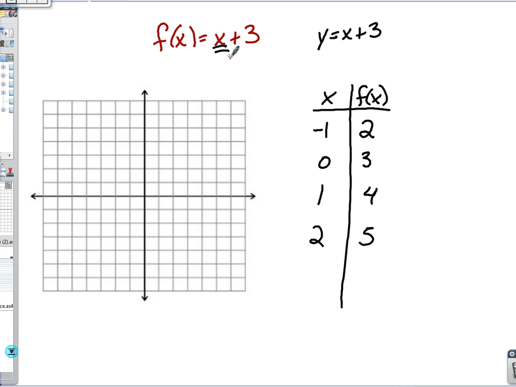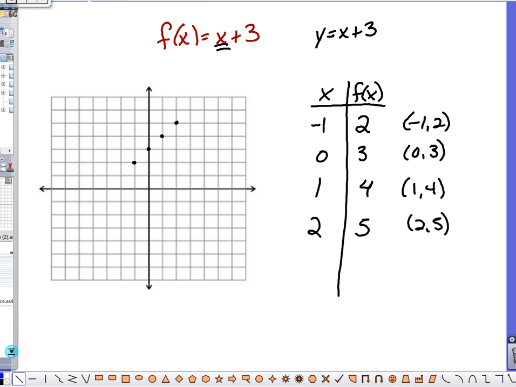We're, again, simply replacing our x's with those corresponding values. We plot those. These are ordered pair points. The first one being (-1, 2), (0, 3), (1, 4), and (2, 5). Plotting those points gives us the following graph. We can connect our dots now.